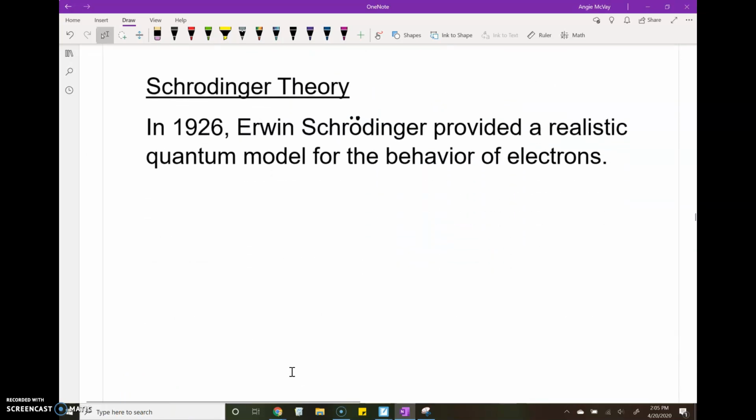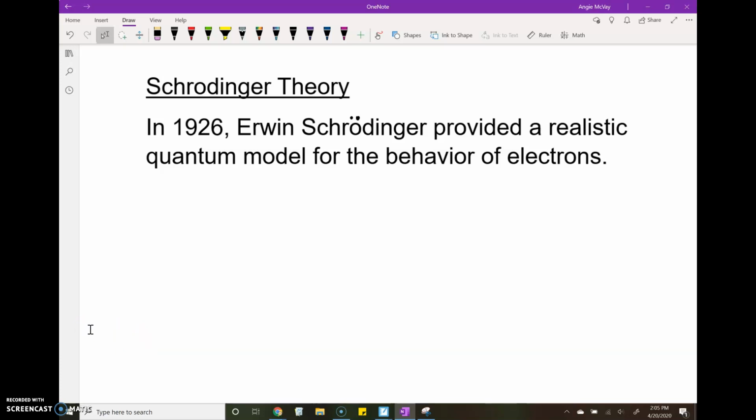All right, now let's take a look at Schrodinger. In 1926, Erwin Schrodinger provided a realistic quantum model for the behavior of electrons. If we're looking at electrons that are acting like a wave, we need to be able to make predictions about where those electrons will be at any point in time. That's hard to do because we can't really see electrons.